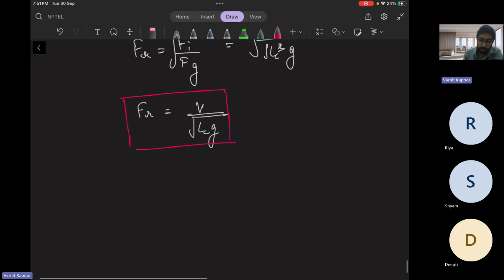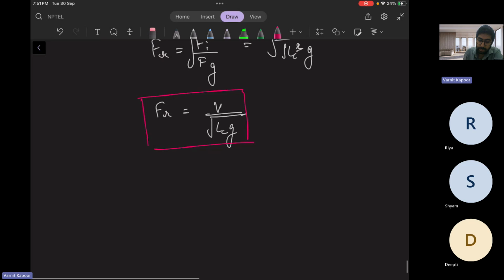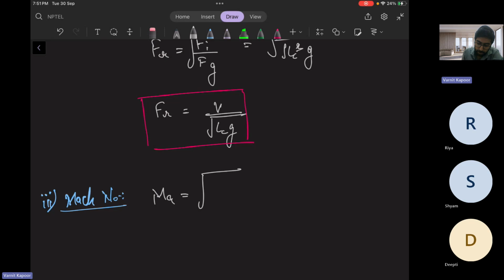Okay. Similarly, there is one another non-dimensional number, that is your Mach number. It is nothing but the square root of the ratio of inertial to that of elastic force. Okay, elastic force.